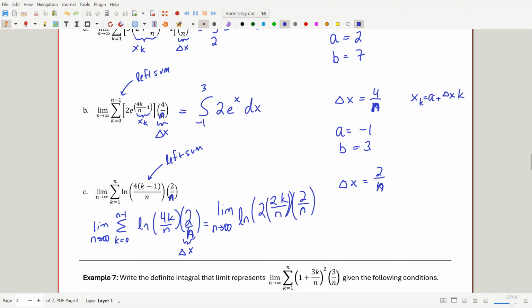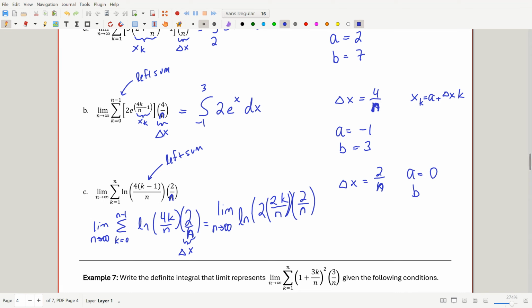Now I'm equivalent, right? On the left, I have the ln of 4k over n. On the right, I have the ln of 2 times 2k over n. In both, I have 4k over n, right? Okay. What's my a? Easy. 0.